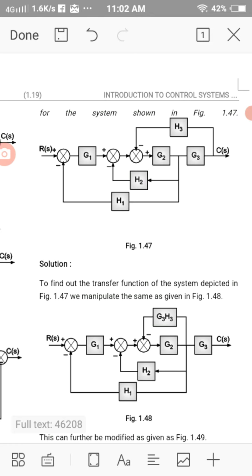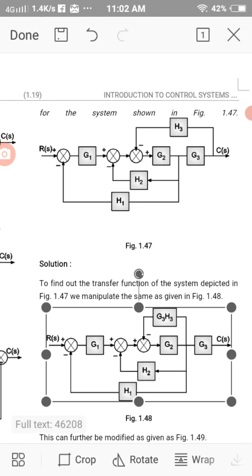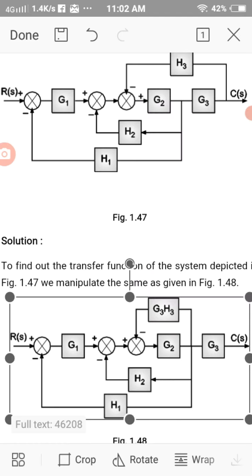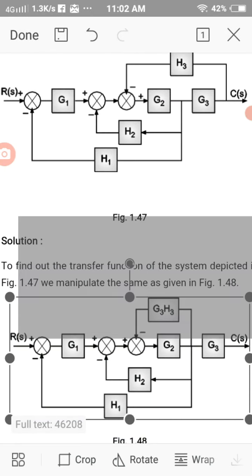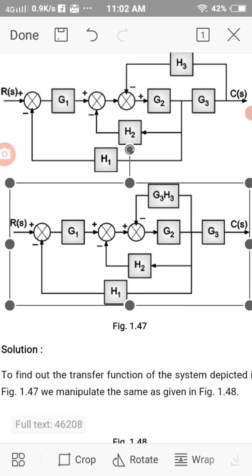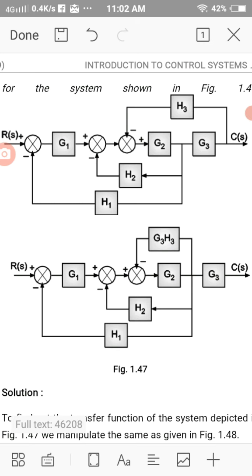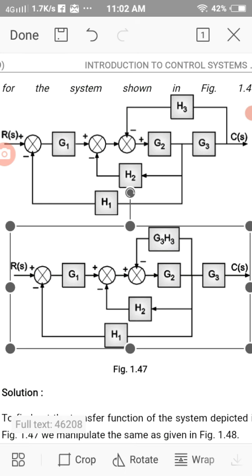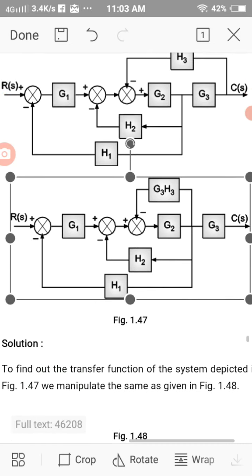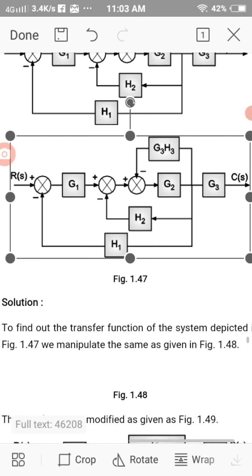This becomes G3 into H3 and it will come from this place. So G3 and H3 will be there. G3 multiplied by H3, G2, H2, G1 and H1 will be there.